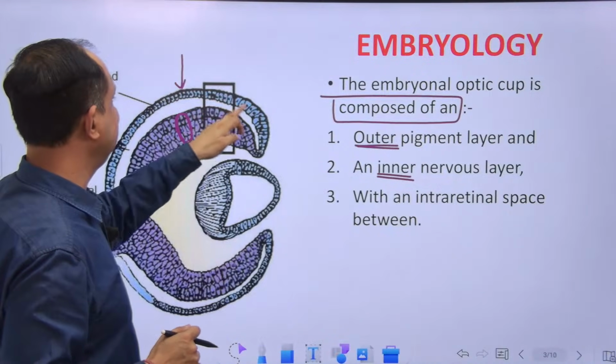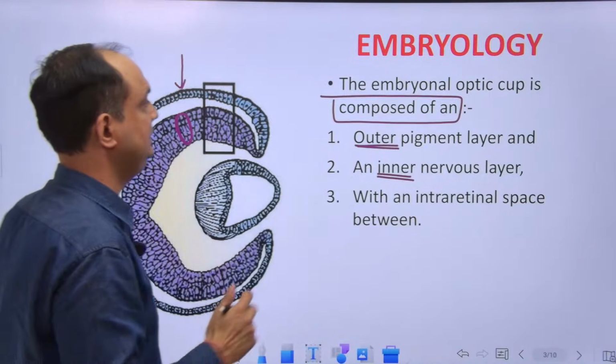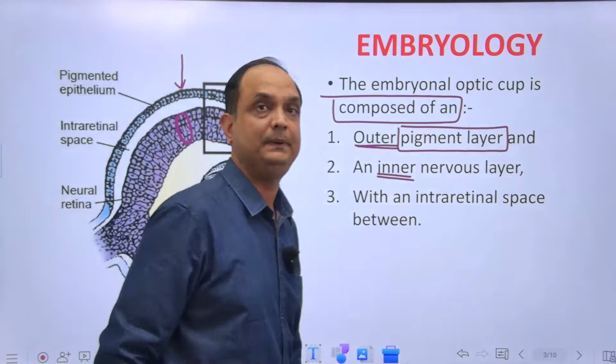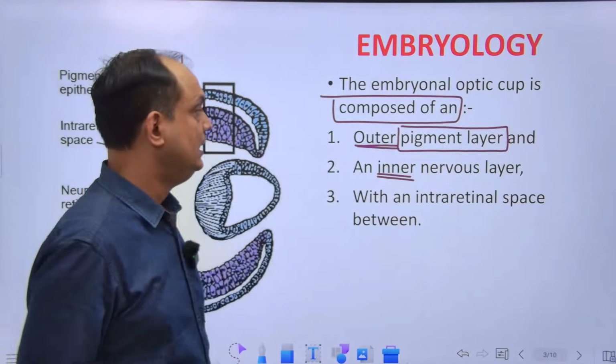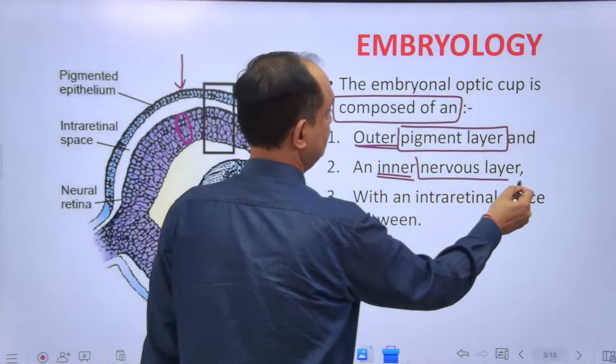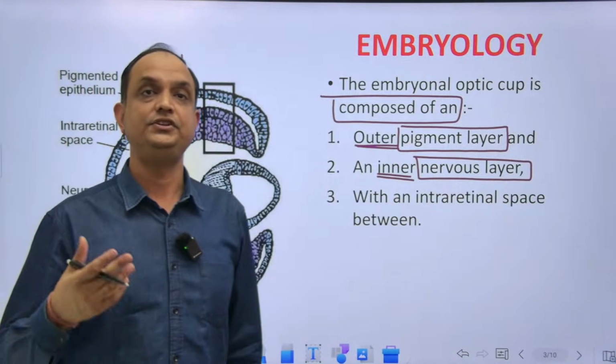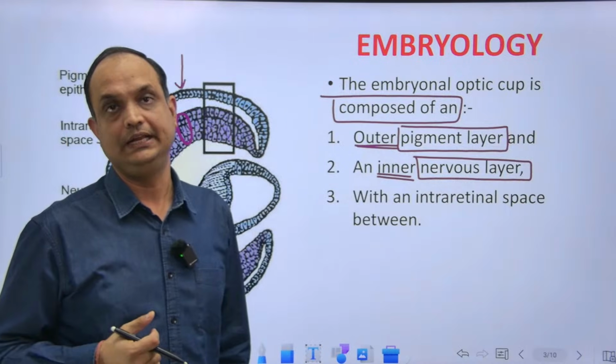This outer layer is a single layer, and this single layer is going to form your pigmented epithelium or pigmented layer of the retina, and the inner layer is known as the nervous layer, and this nervous layer later on differentiates into the different cells of the retina.